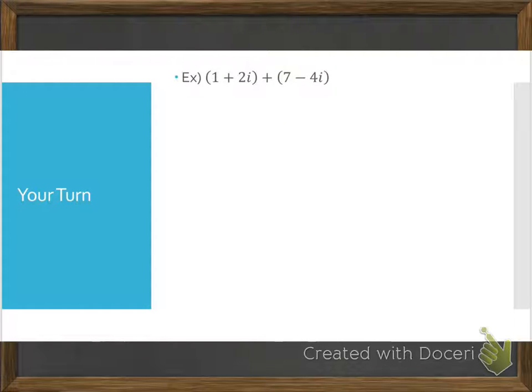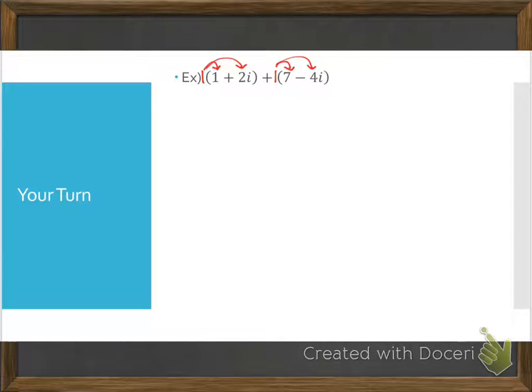All right, so let's try this one here. I want you to try it, so just pause the video, write this down, try it out. I will go through it, but again, pause it, try it, and then check your solution. So again, remember we have this invisible 1 in front. I'm going to go ahead and distribute that 1.